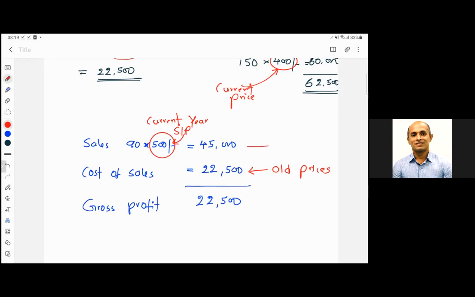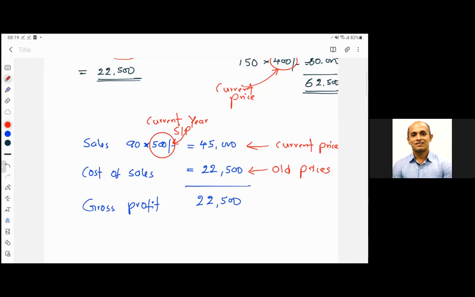Now you see sales at current prices, but cost of sales at old prices. From the current prices of sales, you have deducted cost of sales at old prices.